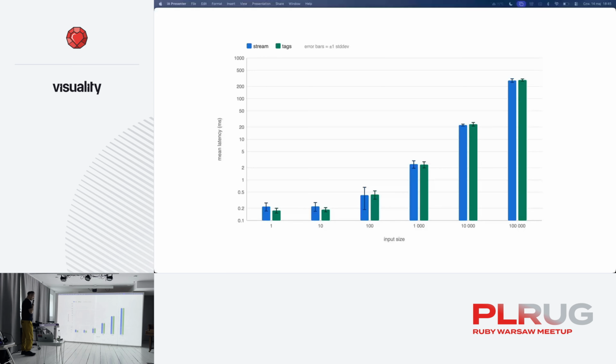But I was also curious what number of events matters. There's no big change between 1 and 10 events in a stream. And even up to 100 events, whether it's a query that takes 100 events or a stream that consists of 100 events, that's not a big difference either.